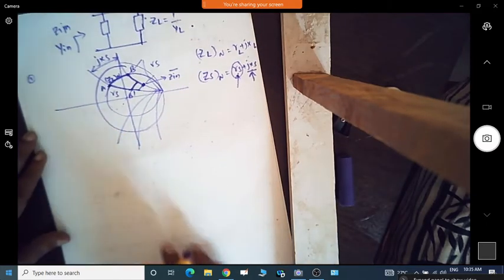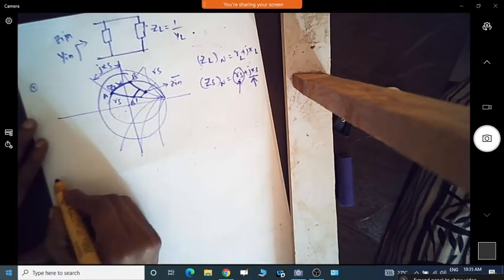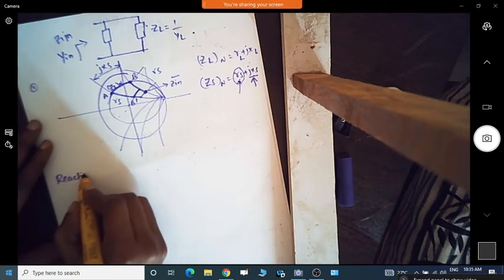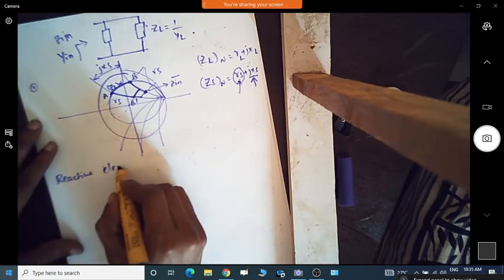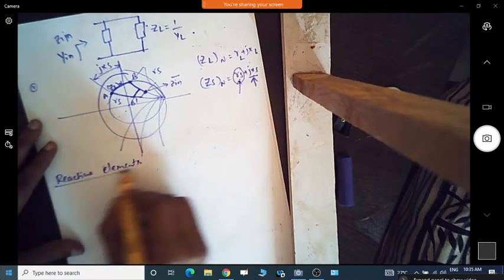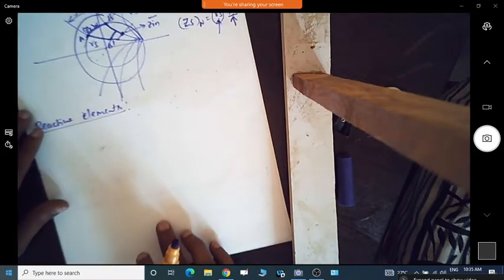So that is only the reactive elements. If I have only the reactive elements, how can we find out the input impedance?